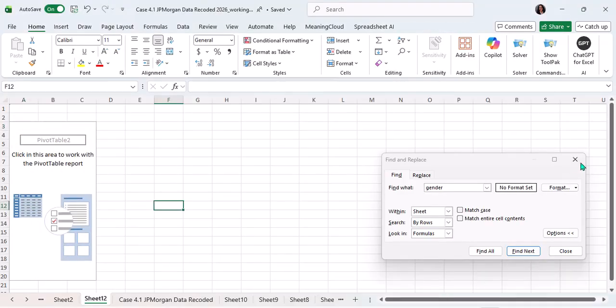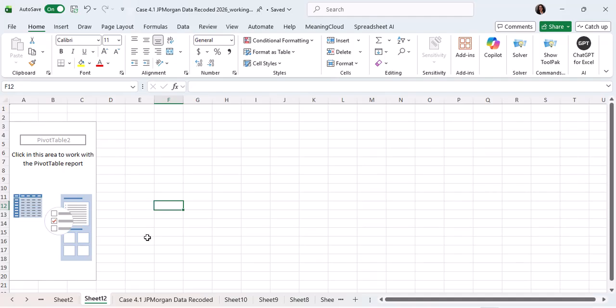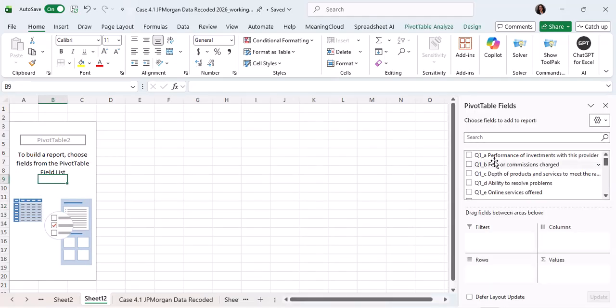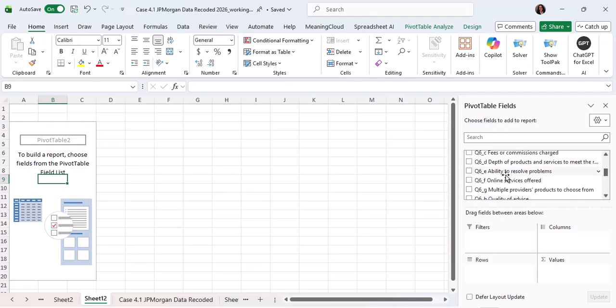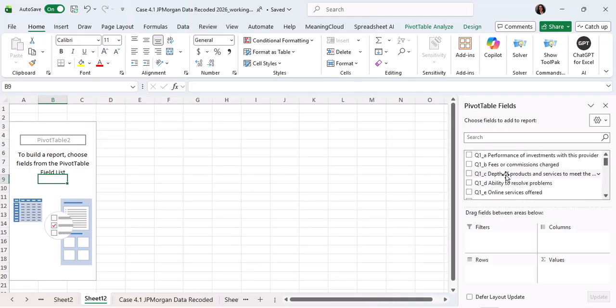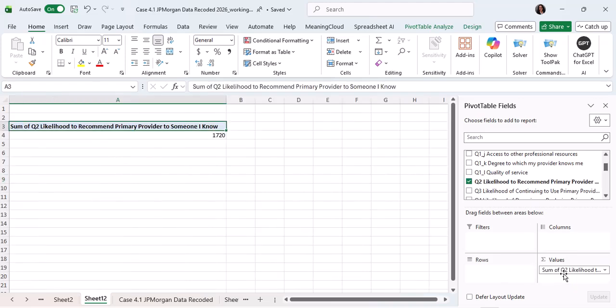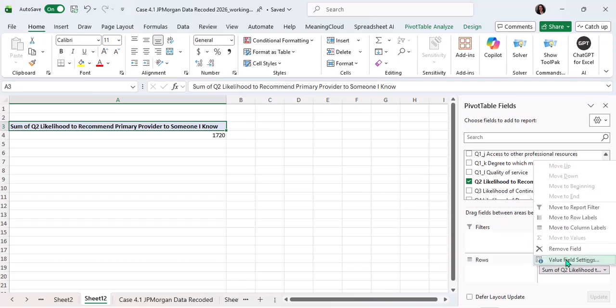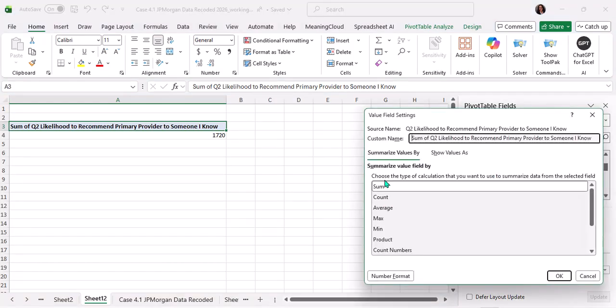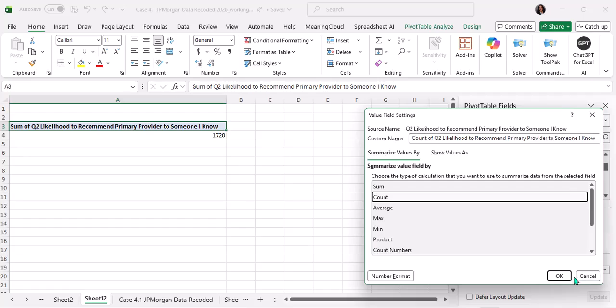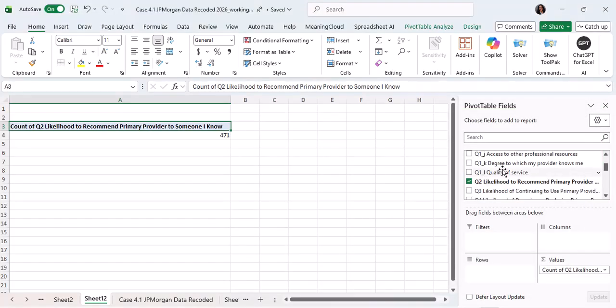So what we're looking for in this particular item is we want to know how many have actually recommended their primary provider. So let's pull this over to columns and let's look at question number, we'll use this one for count.